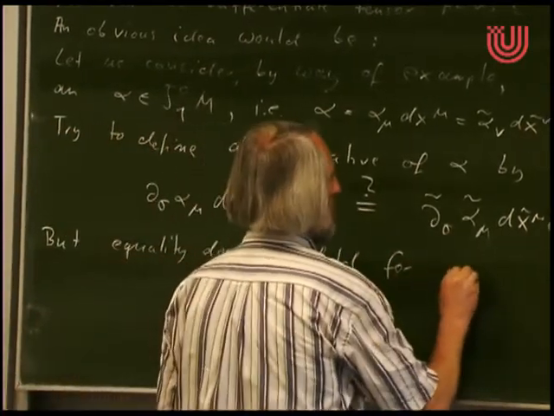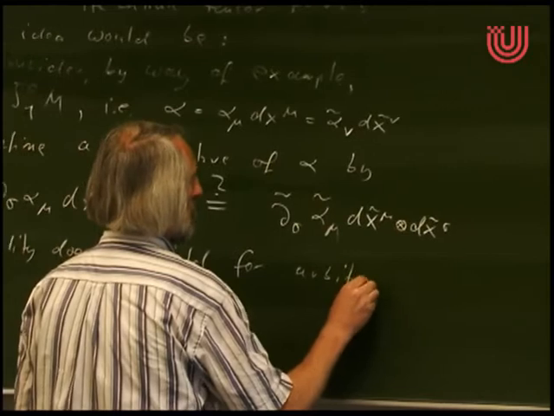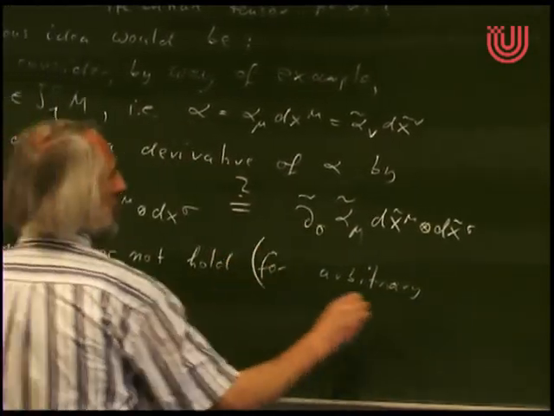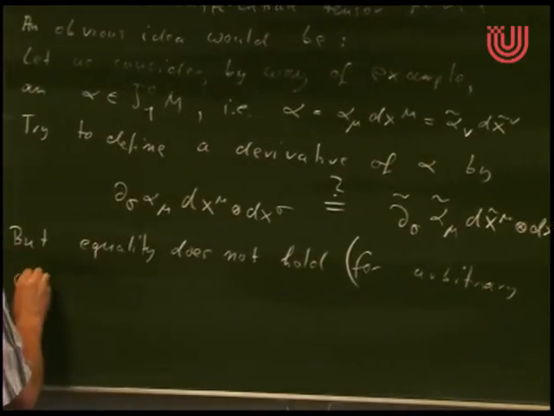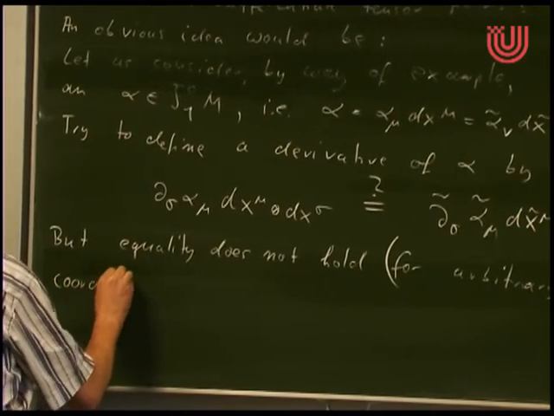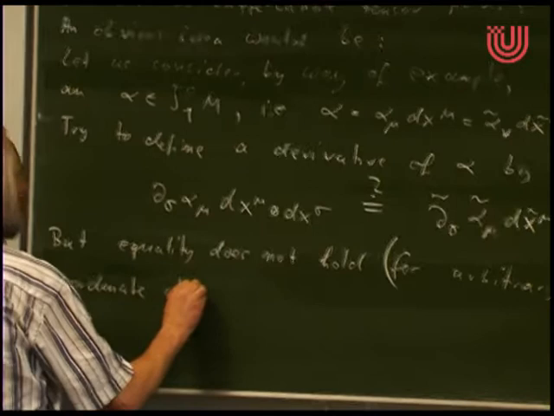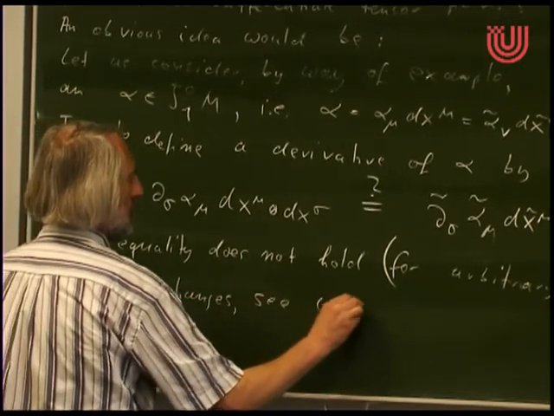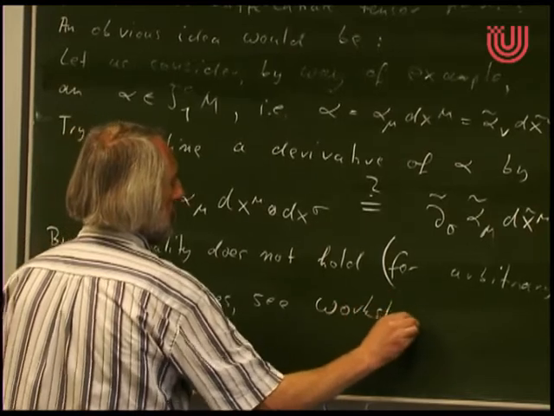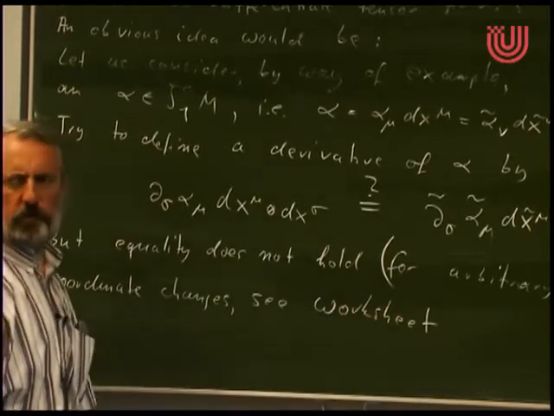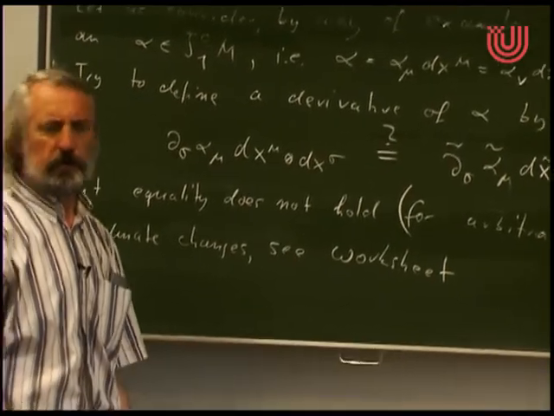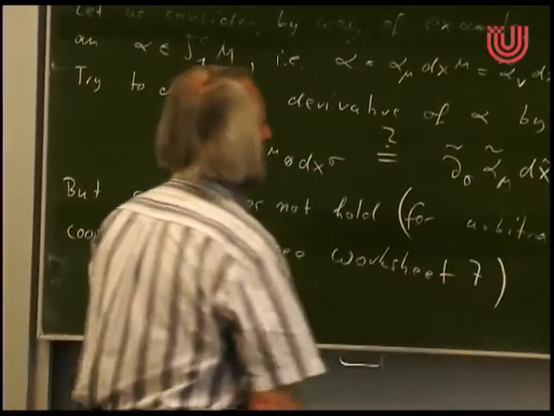For very special coordinate transformations it does hold, but not for arbitrary coordinate changes. And that's what we discuss in the next worksheet. It's number 6 or number 7? The next one, which I distribute at the end of this week. 7 already, okay.